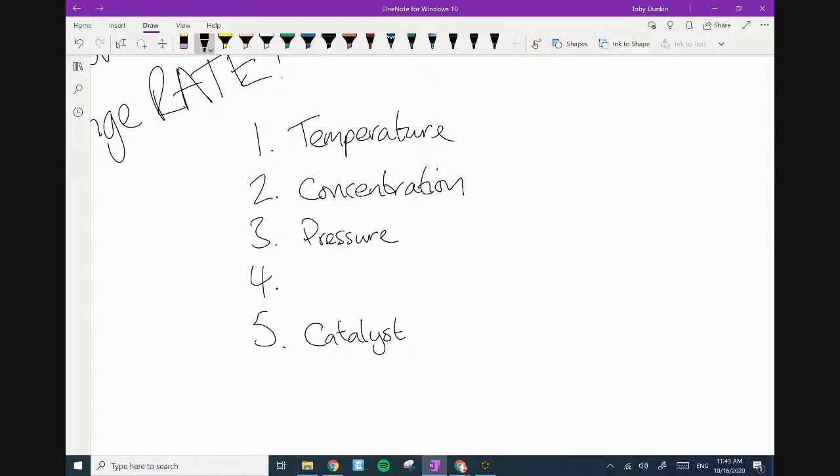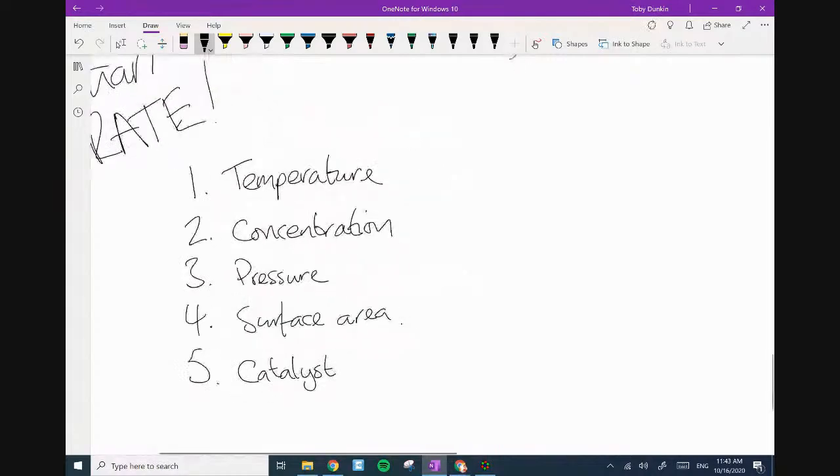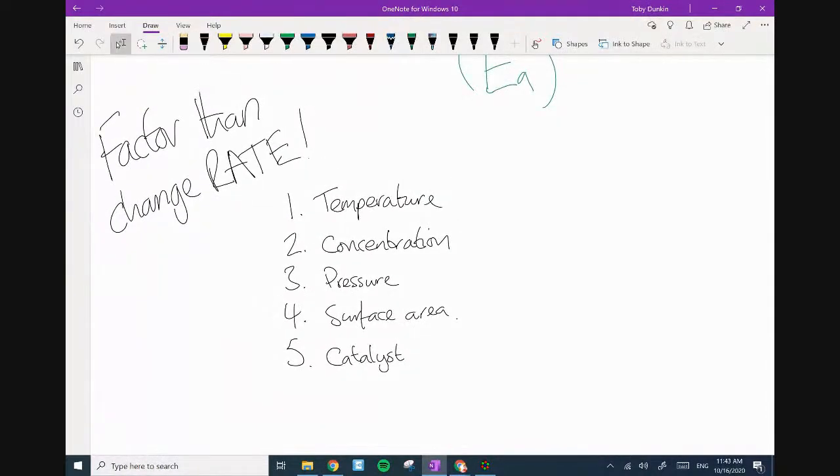Yes, Audrey's on it. Surface area. Thank you very much. Right. Now, one of the things that I love about rates is that it's just common sense. Well done, Caitlin, concentration's already been said. But yes, Audrey, well done. Alison, Sophia, yeah.